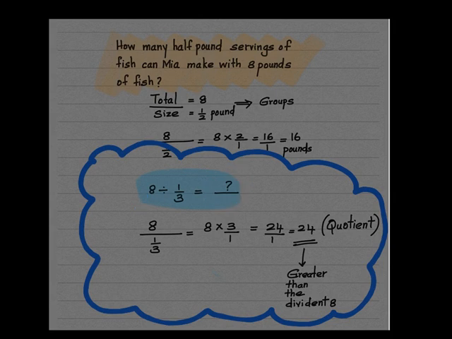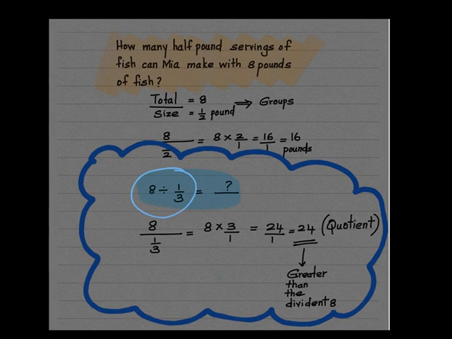So if such a question comes, the answer will be greater, because 8, a whole number, divided by a fraction, we are absolutely going to multiply those two numbers, and the answer is going to be 24, which is obviously greater than 8, right? So if they give you a question like so and ask whether the answer is going to be greater than the dividend, the answer is yes.